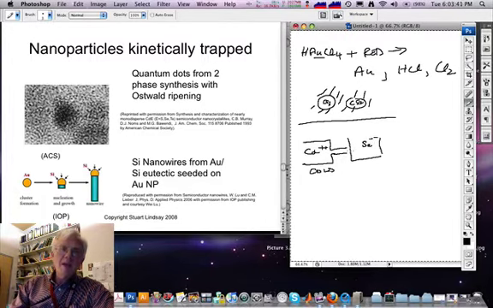The two react to form an insoluble salt, but because the solution is cooled by the injection of liquid, the growth of the nanoparticles terminates early. They don't form large aggregates, but rather a suspension of small nanoparticles.